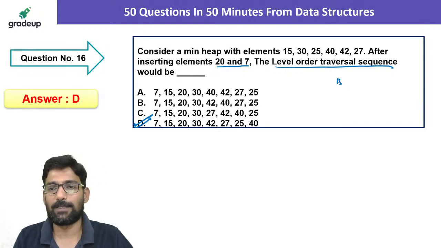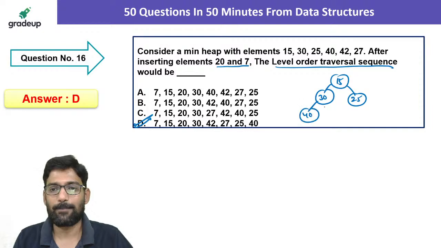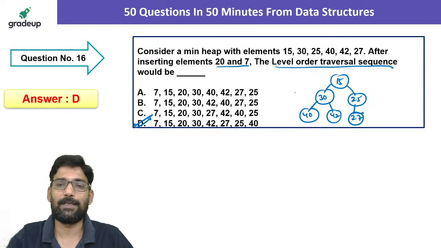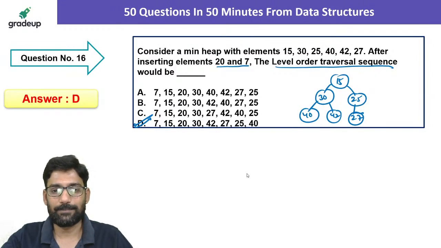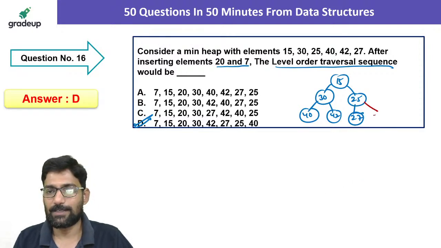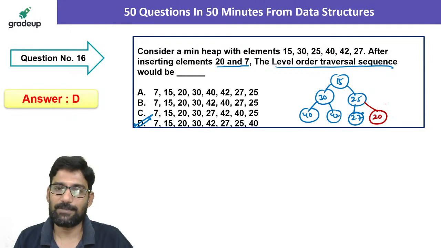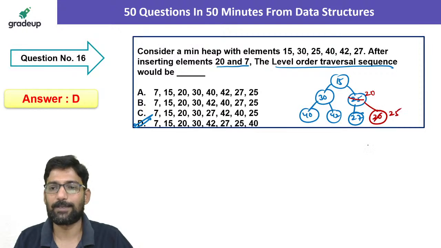So we have 15, 30, 25, 40, 42, 27. We have the tree like this. Now we are inserting element 20. Here we insert, it's a min heap, but it is not satisfying the ordering property, so we will swap here.